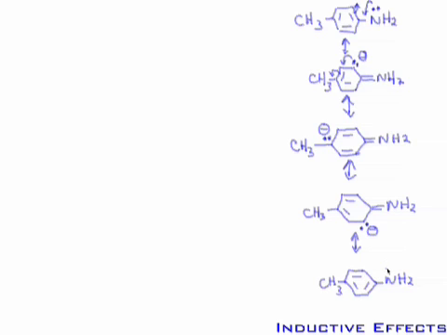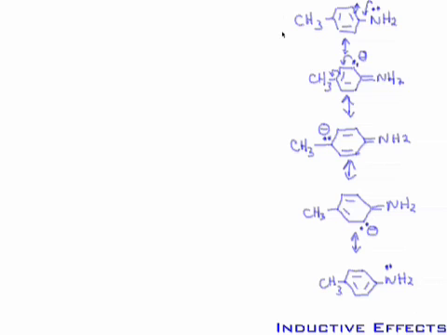And in this case, we can talk about the inductive effects of the methyl group and how it influences the delocalization of the negative charge from the lone pair. For example, we know that methyl pushes electrons into the ring.